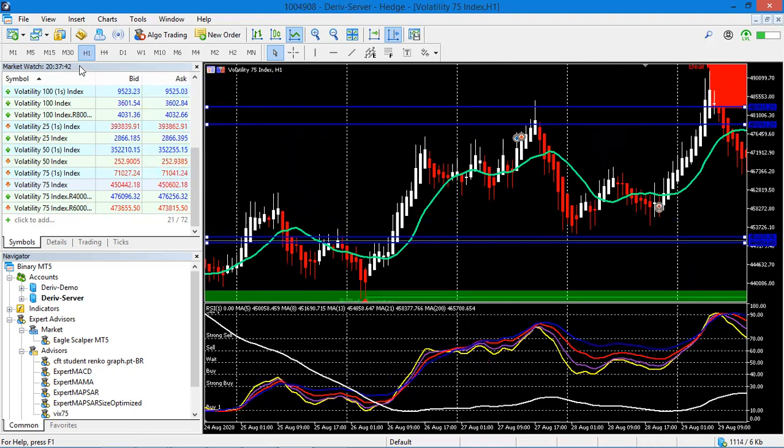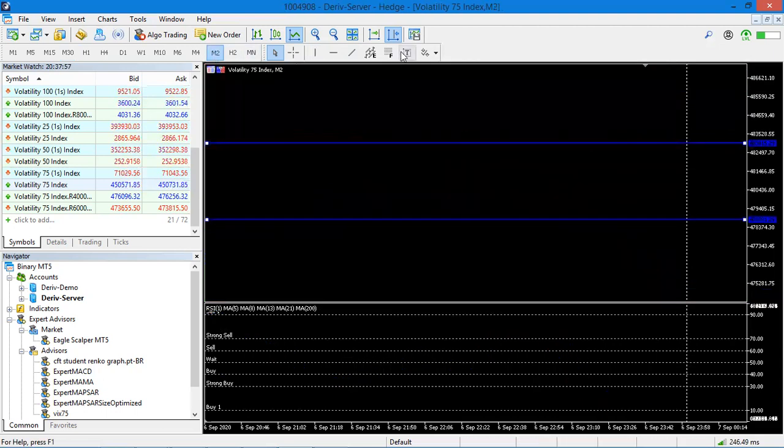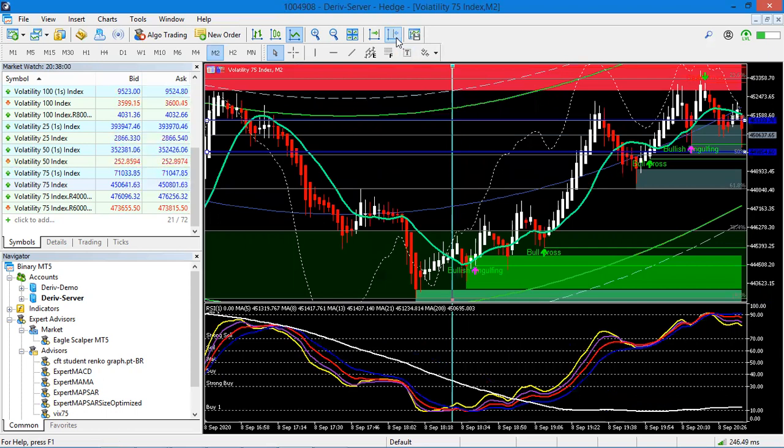So these things work, guys. These things work. Let me go to the 30-minute time frame. This is today, 30 minutes. What are we seeing here? Guys, this is a W, right? The moment it was going back to retest here, I could have shifted to the 2-minute chart, and I could have waited.